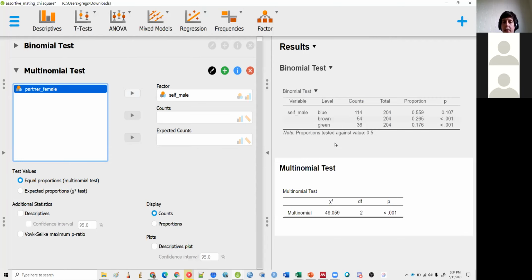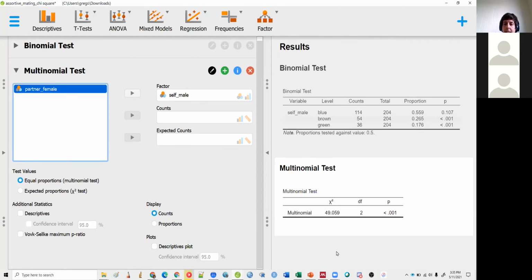Because there's more than two values to the variable of male eye color, it was inappropriate to do the binomial test, because the binomial test assumes there's going to be 50% of each category, or only two categories. But because we had three, it makes it very difficult to test. We're going to go back to this in just a second.